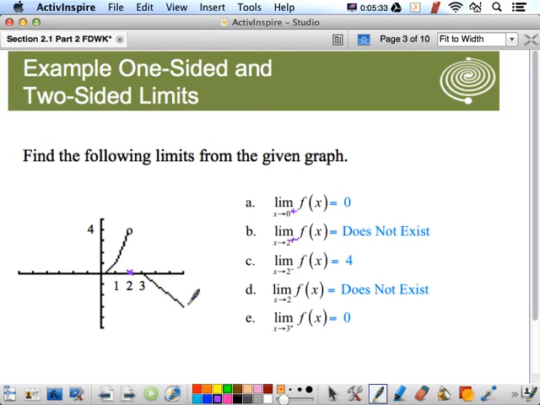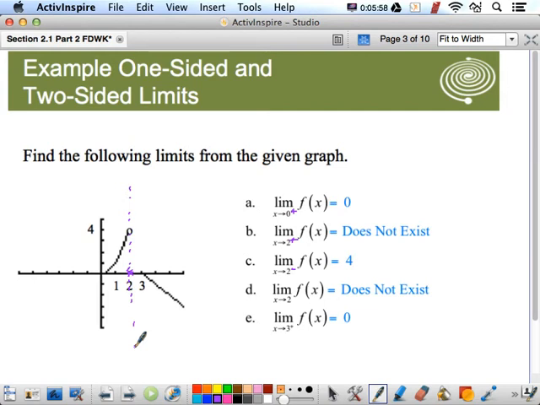Let's talk about part C. This one asks us to find the limit as x approaches 2 from the left. Sometimes it may help you, when you're doing one-sided limits, if you hold a sheet of paper along there where the x lines up, and imagine that line.